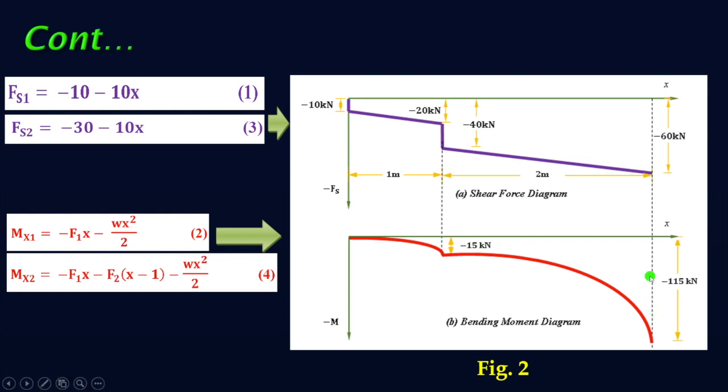And at x equals 3, minus 115 kilonewton meter, that we determined by substituting the value of 3 in equation 4. Both are parabolic equations. So these are the bending moment diagrams. Finally, we are getting the bending moment diagram of the cantilever beam subjected to 3 loads, 2 point loads and 1 distributed load.